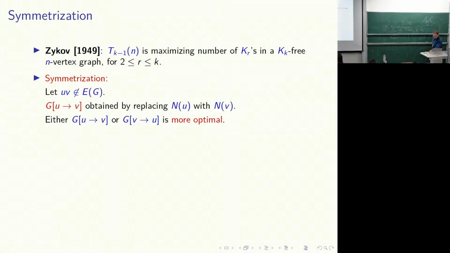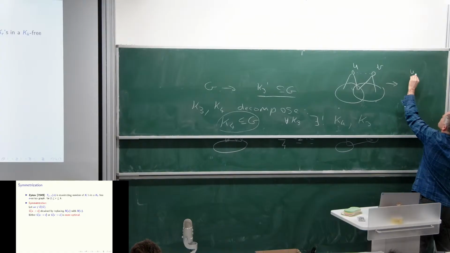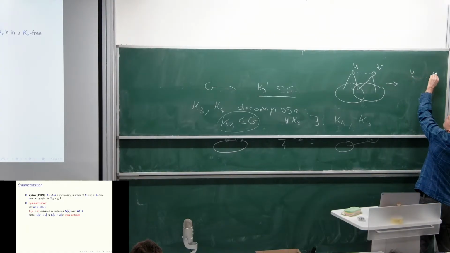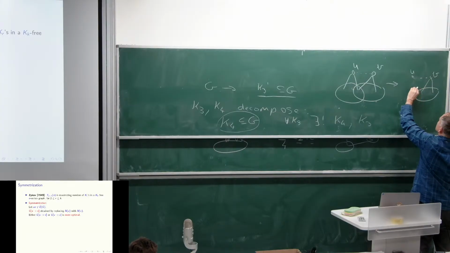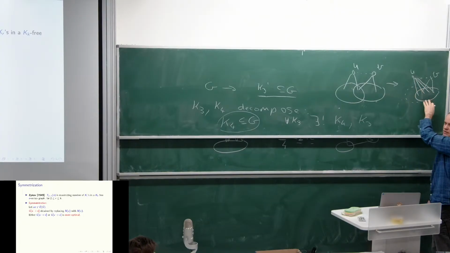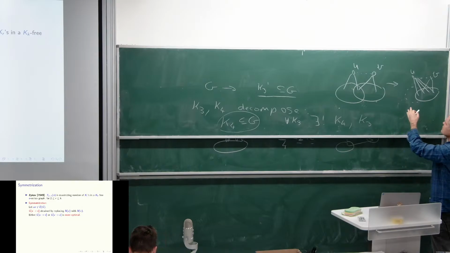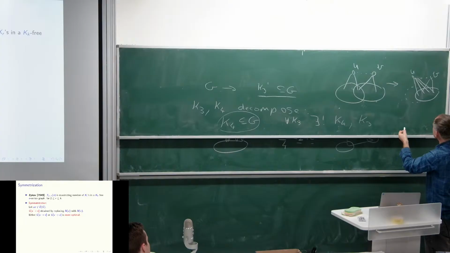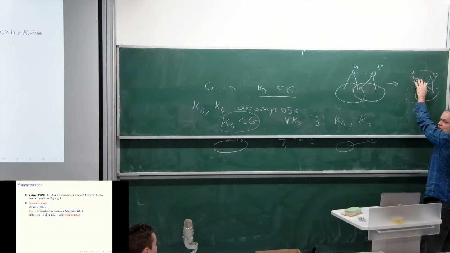If we change u to v, then u gets the neighborhood of v, which is different from the former neighborhood of u. One can observe that we didn't create a new clique. If there was a clique before, then it's still there, but we don't create a new clique because this was a non-edge.